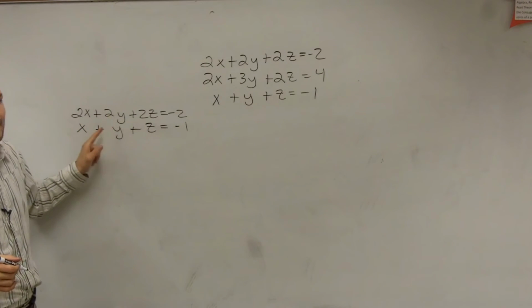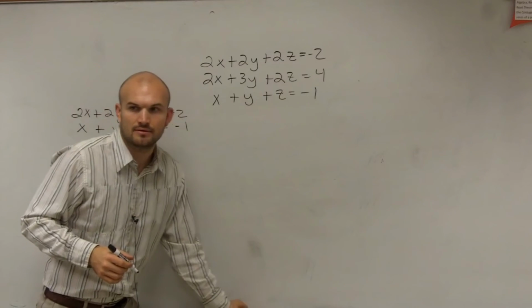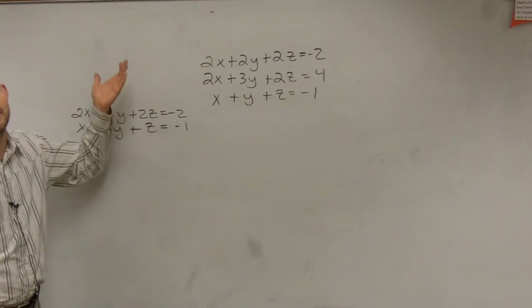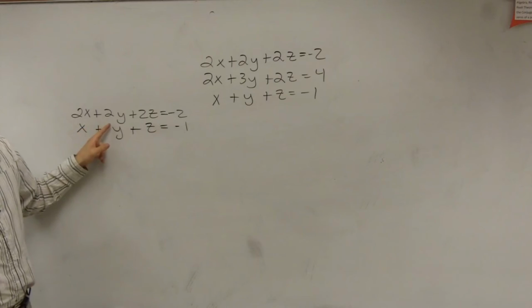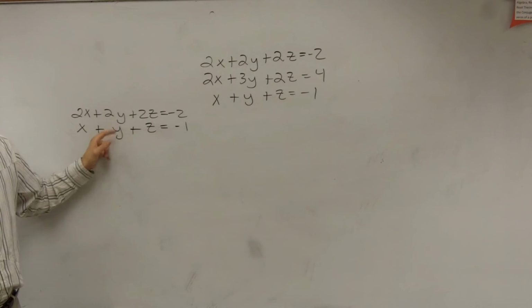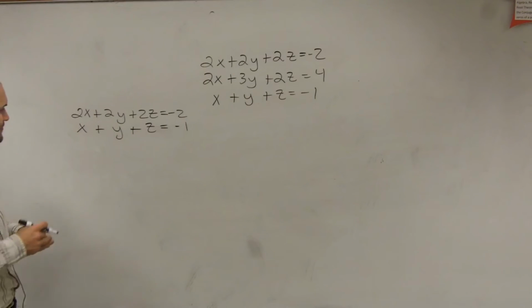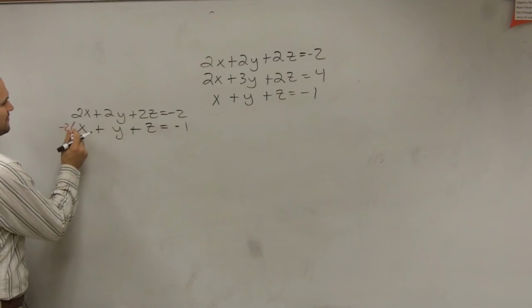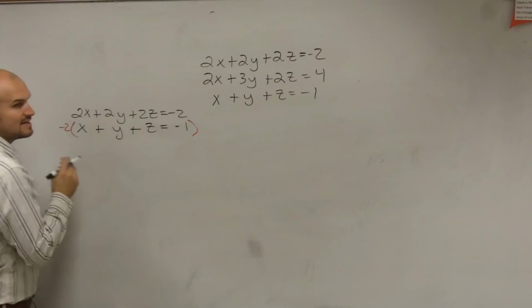I need to multiply my second equation by -2, right? If I wanted to add them, I could multiply it by 2 and then subtract them. Or I could also divide the top equation by -2. But let's just multiply this by -2 to make things simple.